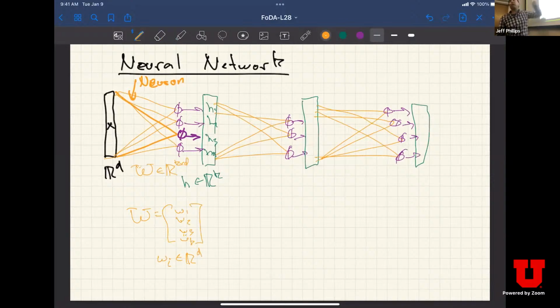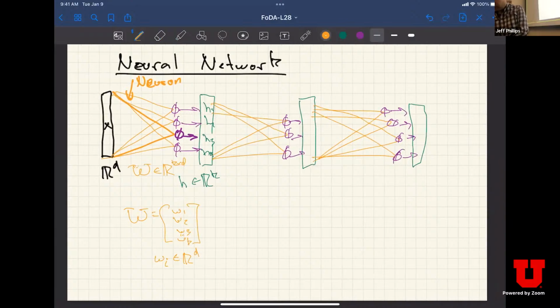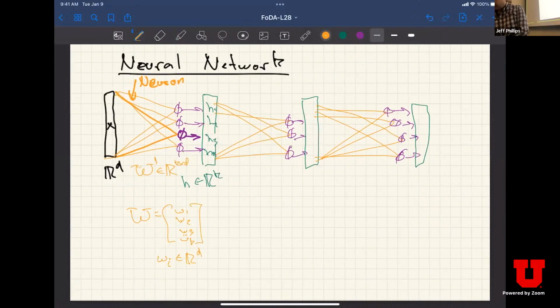And so to get to this layer in here before the activation, this output here, let's call this A. A is going to be equal to W times X, right?